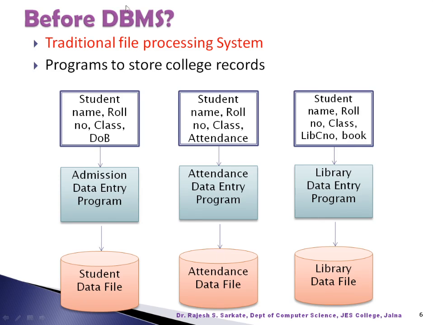This is the file processing system that was used before. Programs were written and every program had a specific file. This file will not be accessible by other programs; the particular structure of the file is only known to the particular program. So every program had its own separate file. This is the concept of the file processing system.